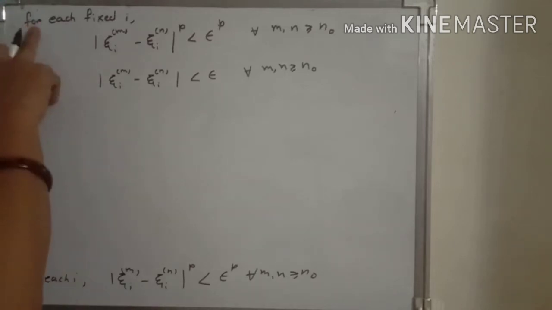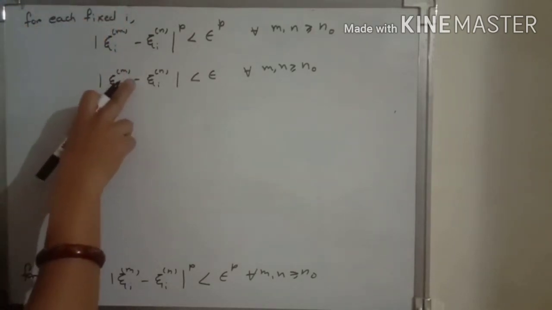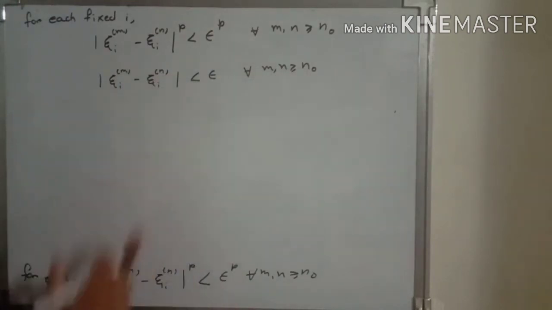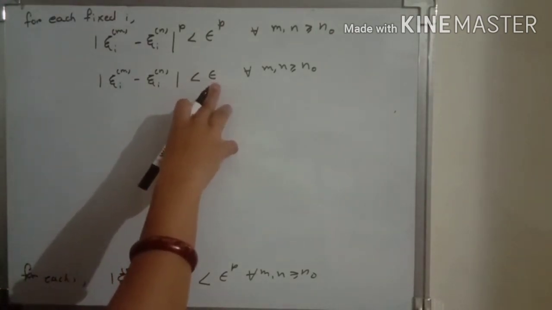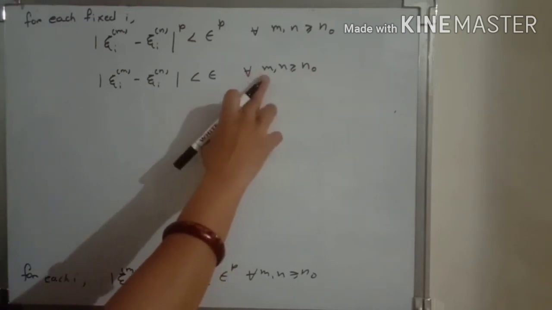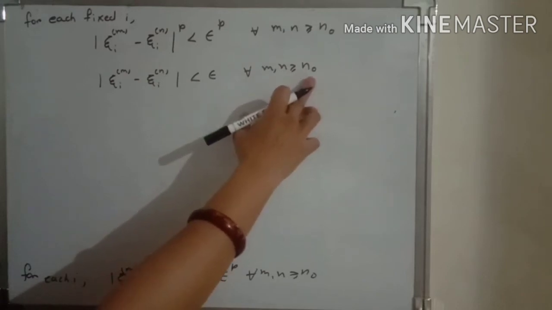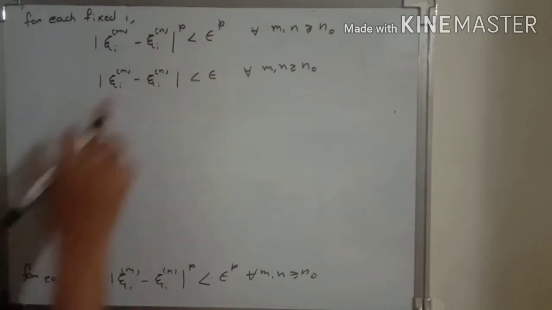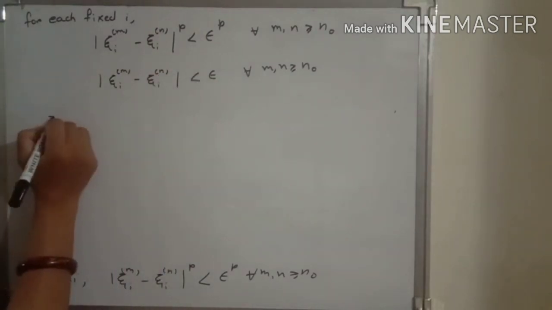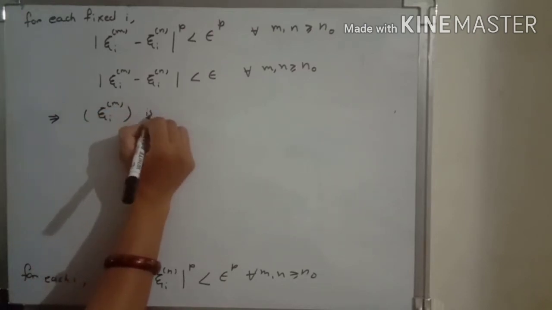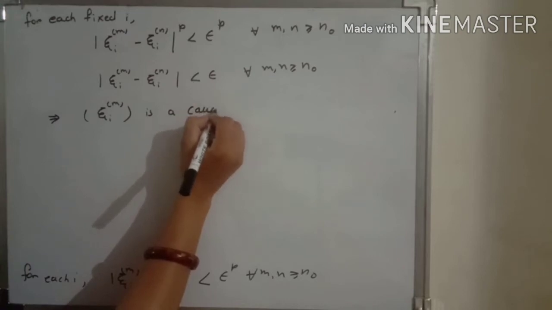That means for each fixed i, mod of xi im minus xi in is lesser than epsilon for all m, n greater than or equal to n naught. Now we read it like this: for a given epsilon greater than 0, there exists a natural number n naught such that whenever m and n are greater than or equal to n naught, mod of xi im minus xi in is lesser than epsilon. And it implies that the sequence xi im is a Cauchy sequence.